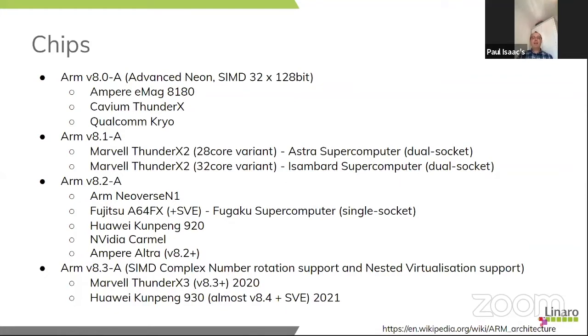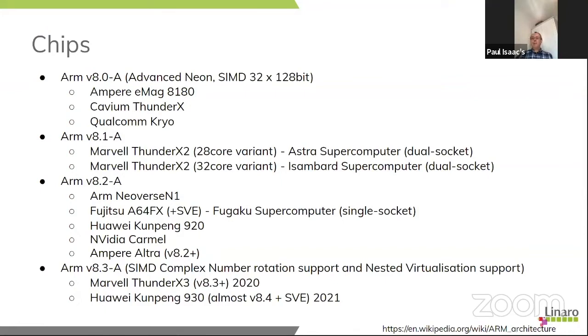So if you want to carry out a particular mathematical operation on a set of data, you can do it with the standard Neon of 128 bits of data, but with SVE as implemented on the A64FX, you can do it with 512 bits. So a significant improvement, and SVE extends up to 2048 if it's implemented in silicon.